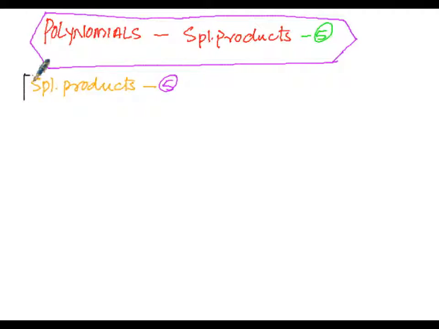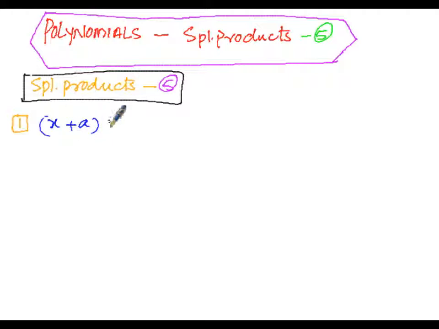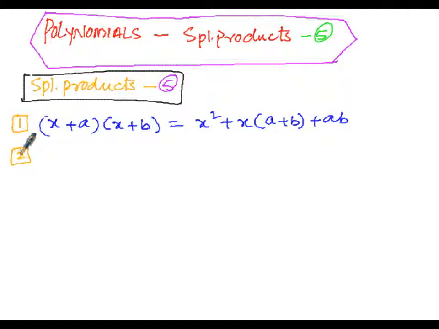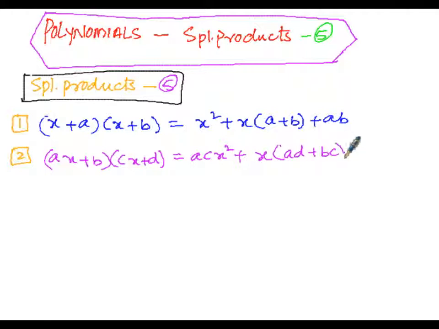The first special product under this group is (x + a)(x + b) equals x² + x(a + b) + ab, and the second special product is (ax + b)(cx + d) equals acx² + x(ad + bc) + the last terms, that is bd.